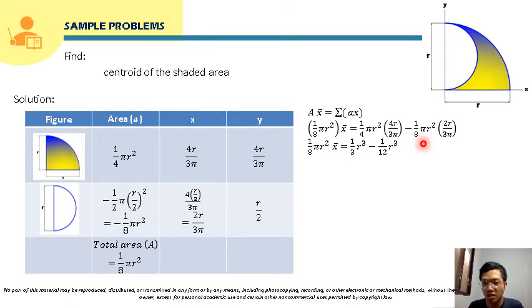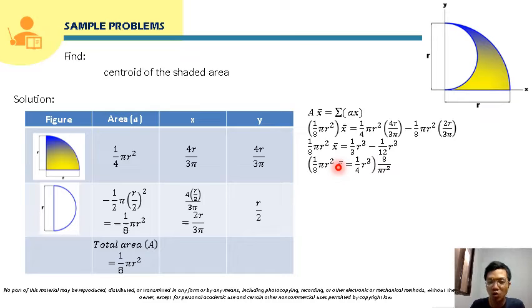For this one, we can also cancel the pi, and multiply 2 over 8 times 3, that will be 24. So 2 over 24, reduced, is 1 over 12, and r squared times r is r cubed. We can combine these since they are both r cubed: 1/3 r cubed minus 1 over 12 r cubed is 1/4 r cubed.